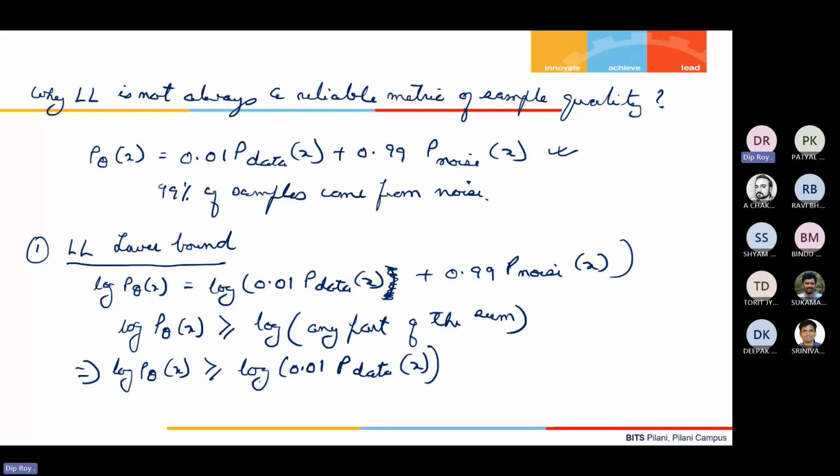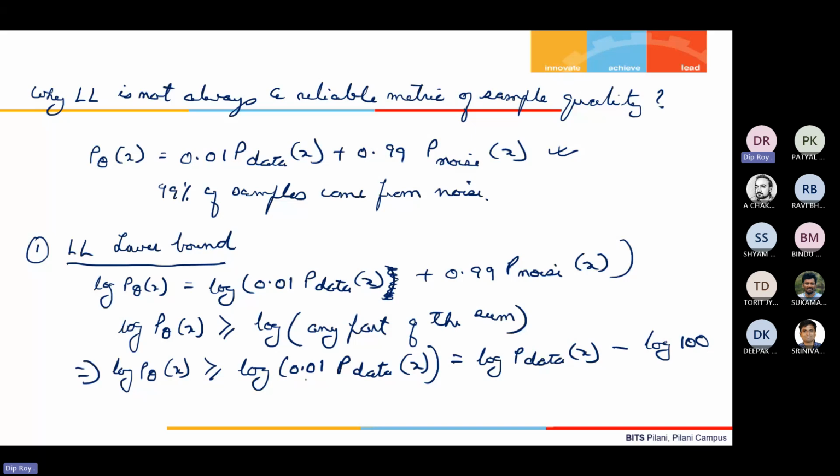And this particular term can be written as log of p data x minus log of 100. What have I done here? Nothing, I have just expanded this product. Log of a product is equal to the sum of logs.